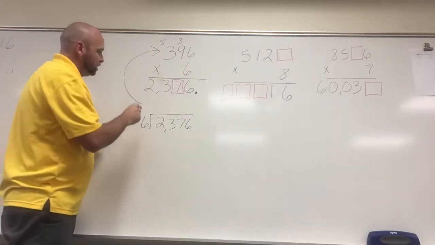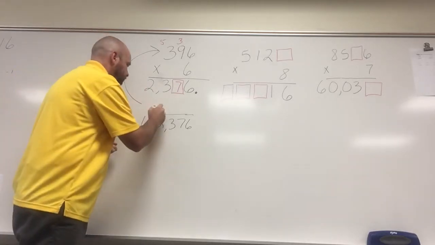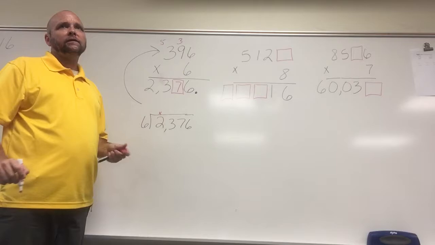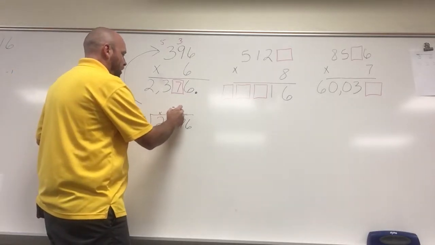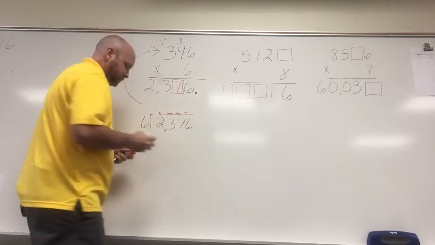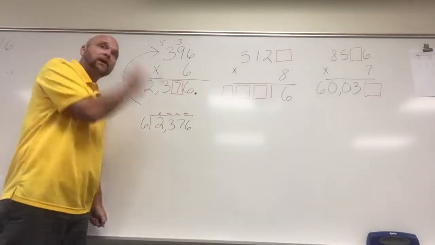So let's check it. Does 6 go into 2? No. Does 6 go into 23? Yes. So I have to have a number above the 3, above the 7, and above the 6, because once I find out where it goes into, then I'm golden for the rest of the problem.